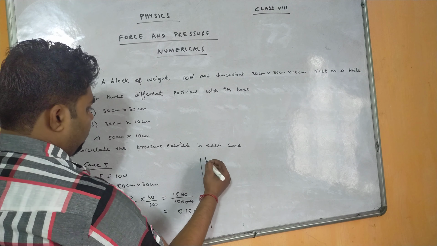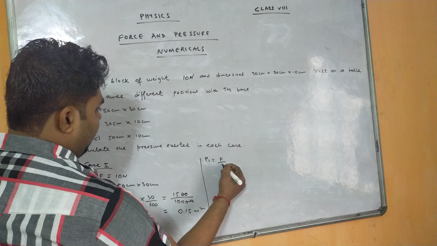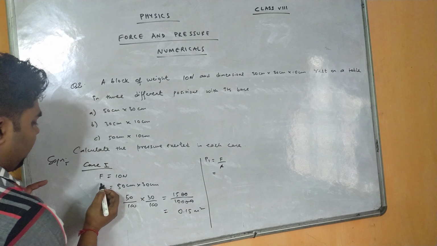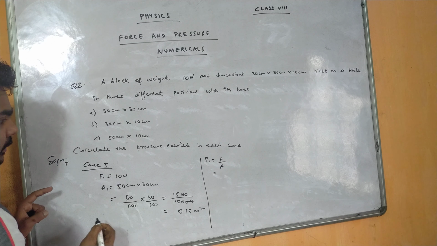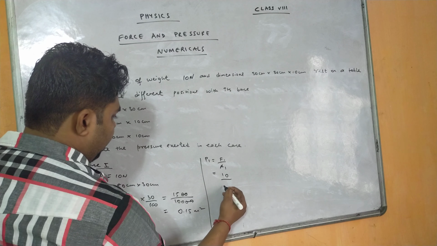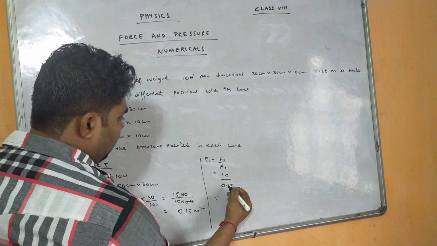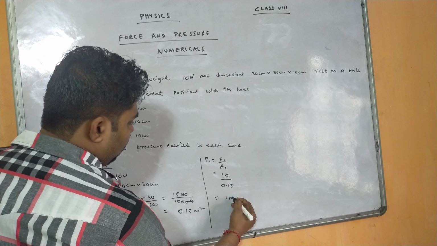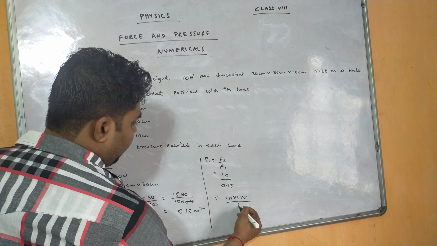So first pressure, P1 equals F1 by A1. F1 is 10 divided by 0.15, so 10 into 100 divided by 15.